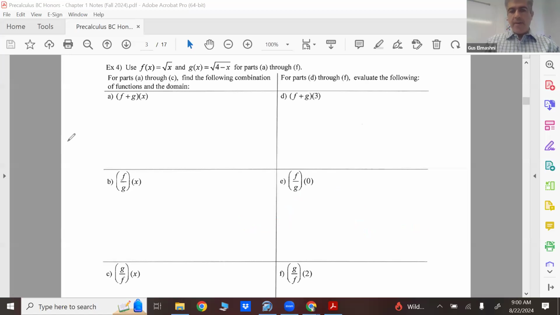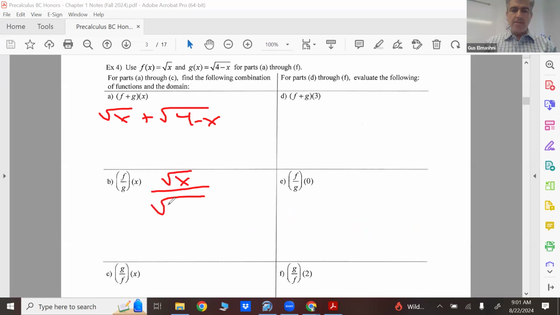Here you're asked to find the combination, evaluate, and also state the domain. So that's just root x times root 4 minus x. That's root x over root 4 minus x. And that's root 3 plus root 1, or 1 plus root 3.